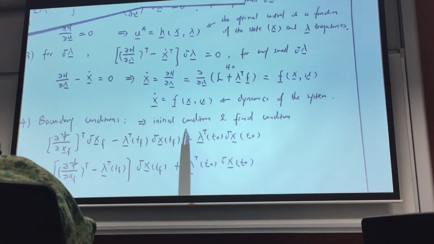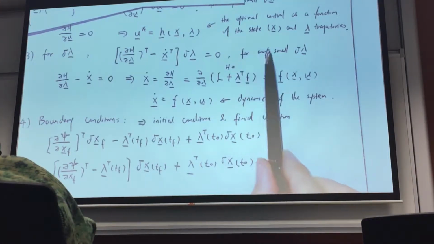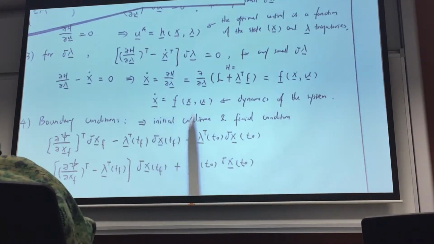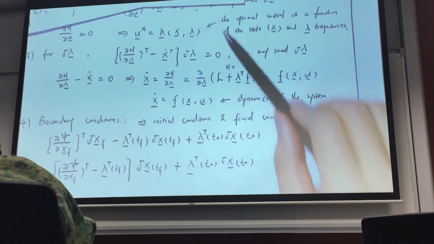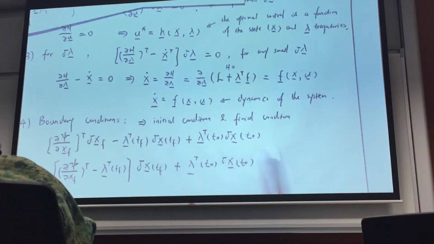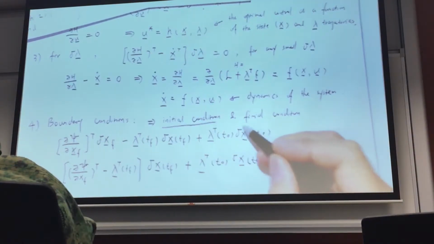Remember in our example, for example in the pendulum problem, we define the initial condition to be at an angle 0 with the angular velocity of 0. For the final condition, we define the pendulum must be at a particular angle with the velocity 0. So these are the initial condition and the final condition.